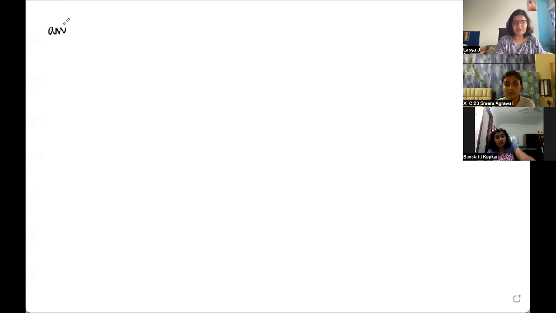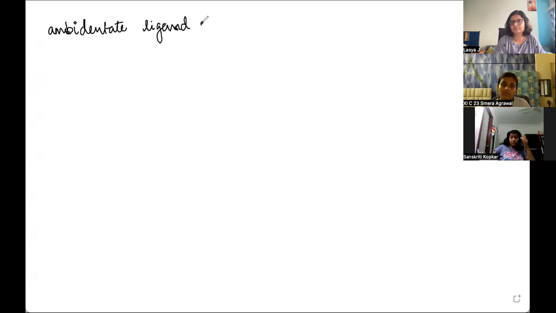So based on the name, can you figure out what could be an ambidentate ligand? Like, we've come across "ambi" quite a few times. Is it something like its denticity can be 2, but it still chooses to share only 1?